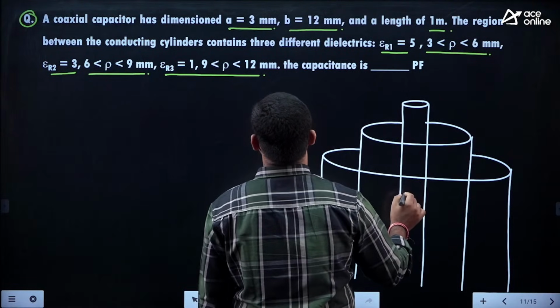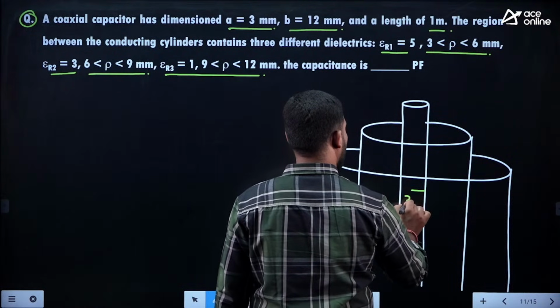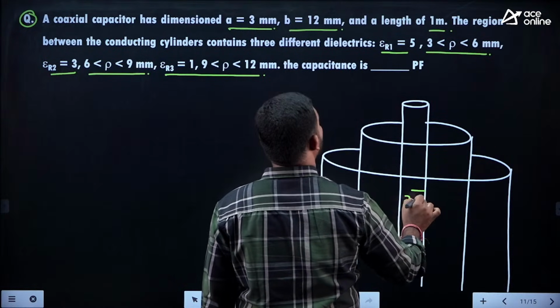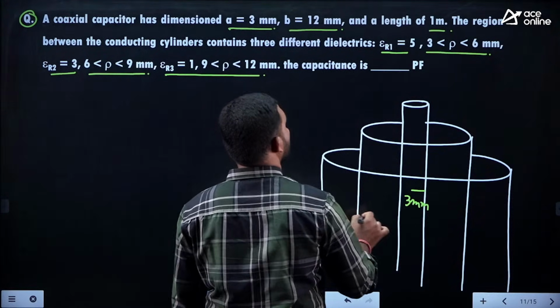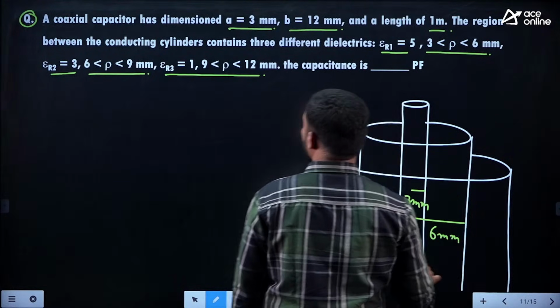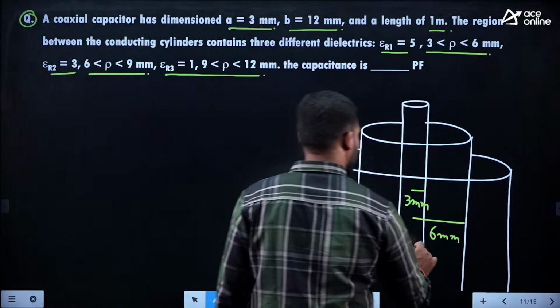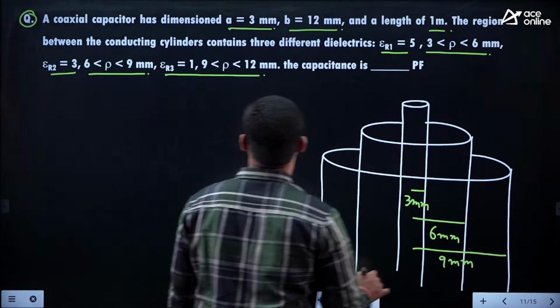The inner cylinder is having a radius of 3 mm, and the first dielectric is 3 to 6 mm, the other one is 6 to 9, and then 9 to 12.